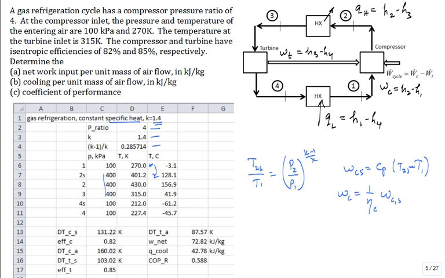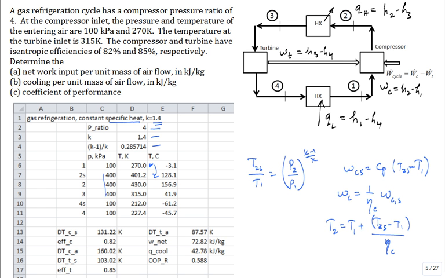And so you do a little algebra, and you find that T2 is equal to T1 plus (T2S minus T1) divided by the isentropic efficiency of the compressor. So basically this equation, look at it, if eta is 100% isentropic efficiency, then T2 is equal to T2S. But as eta goes down to like 90%, then T2 is going to be greater than T2S.